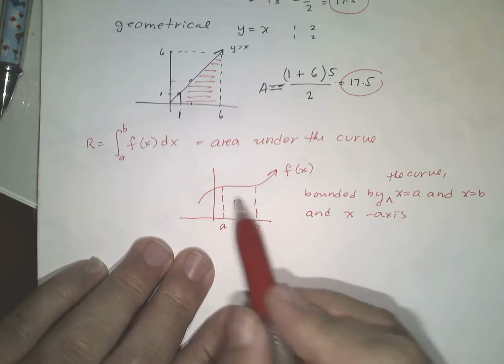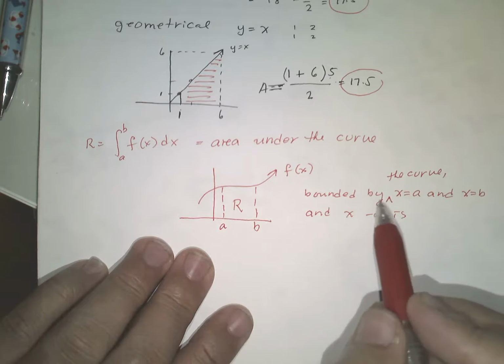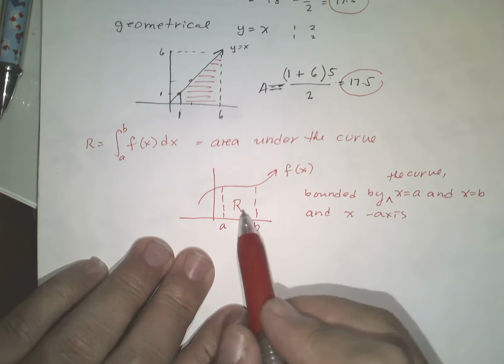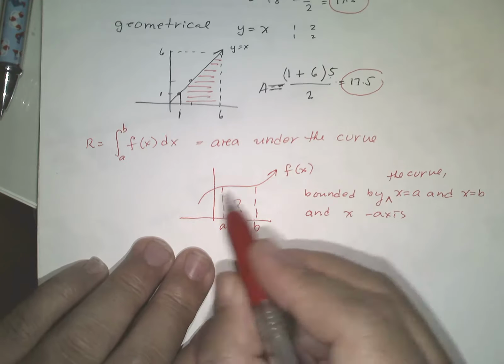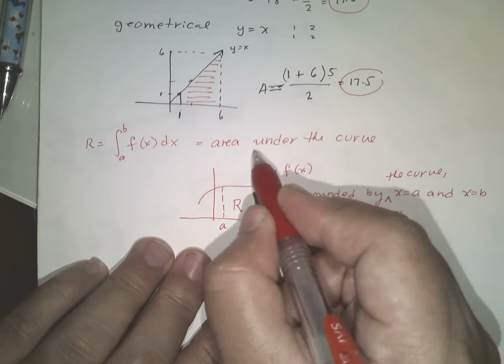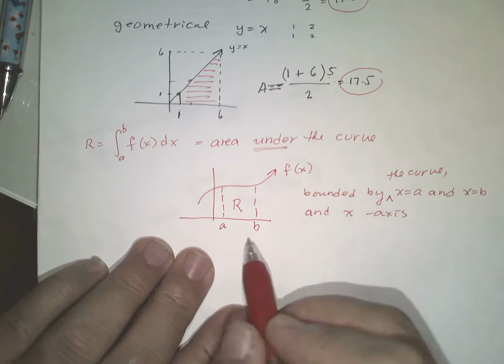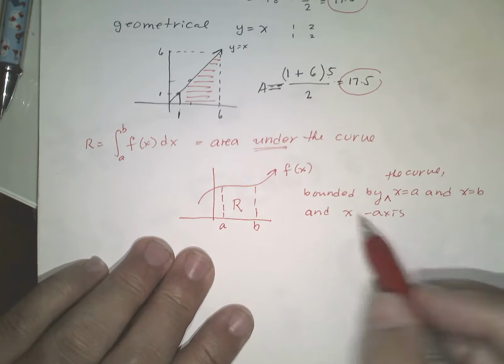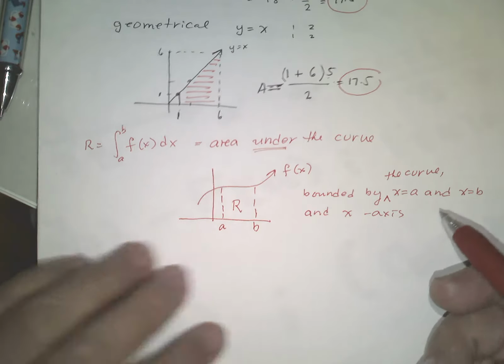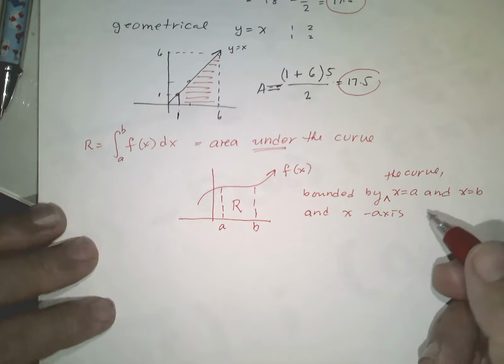That is how you describe this region. The integral gives you the area under that curve, or the region bounded by all of this. Let's try to have an example in the next part of the video.